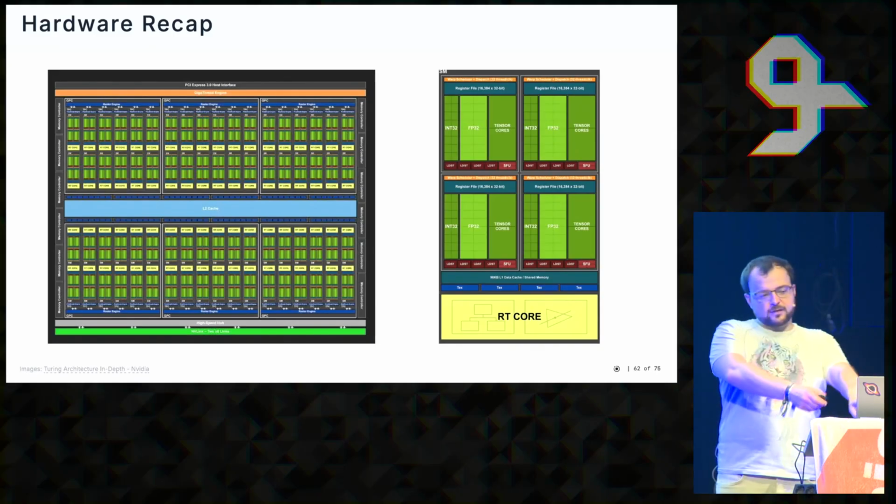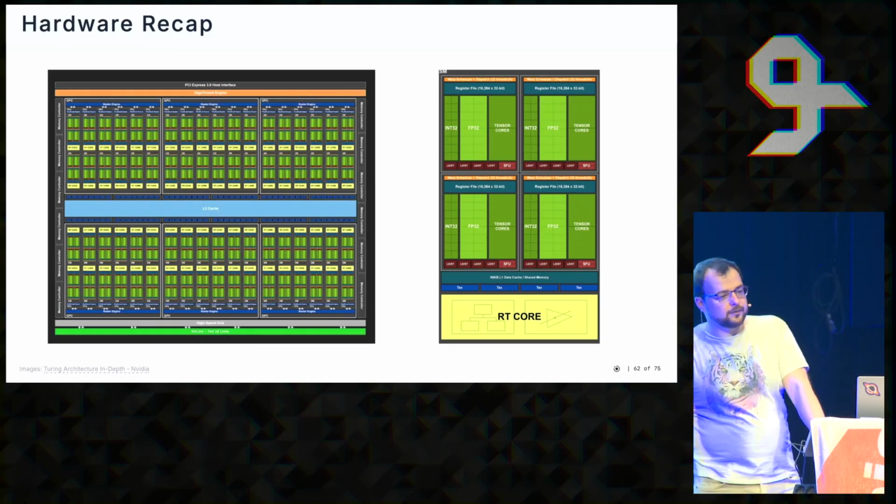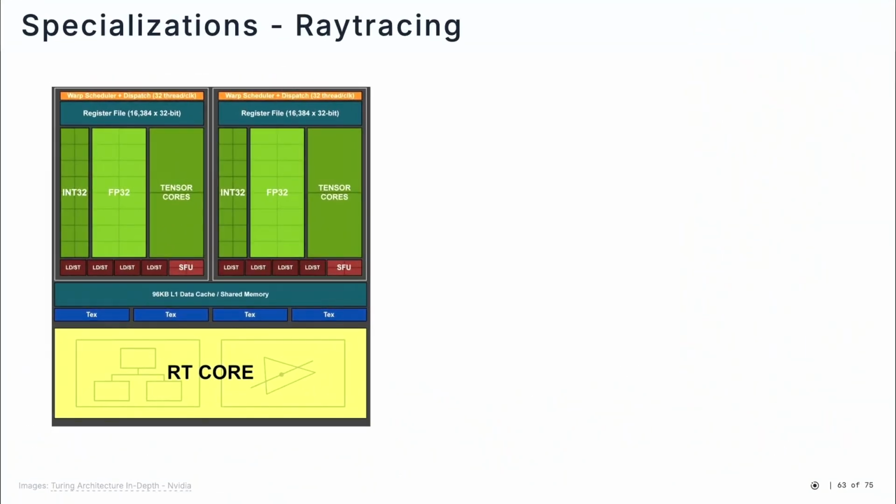Of course, there's a few things I haven't talked about in these units yet, so let's cover them quickly. The first thing, relatively recently introduced, is specialized hardware for ray tracing, so hardware-accelerated ray tracing. And the first iteration of this is fairly simple.